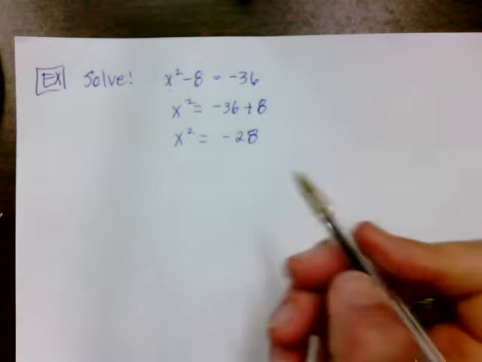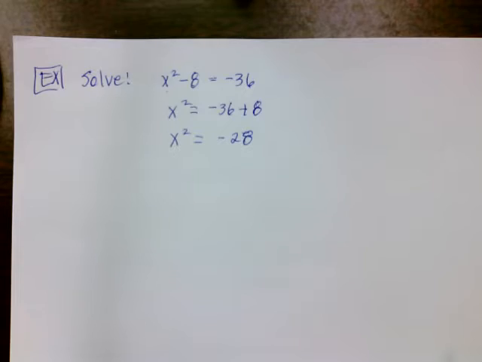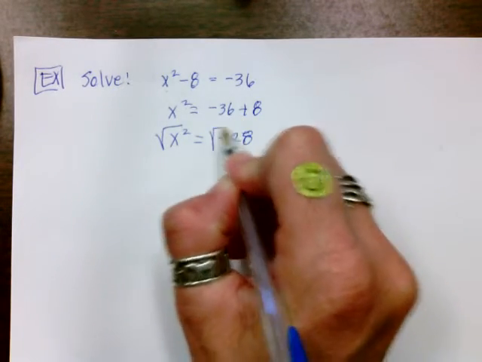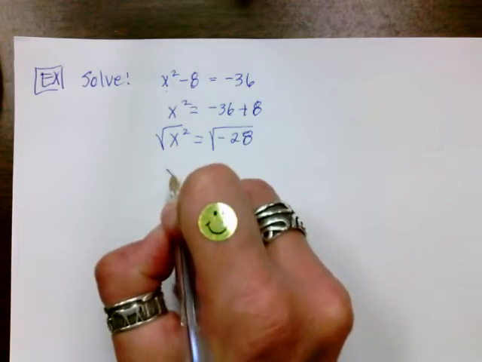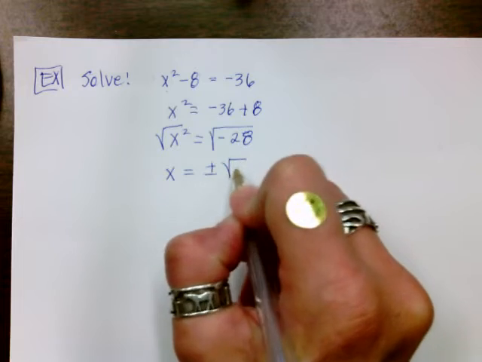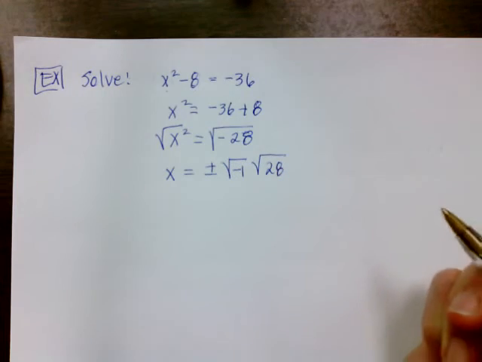Now I'm going to take the square root of both sides. Hopefully we can get it focused. It's a little better. So I'm going to take the square root of this side and the square root of this side, and I'm going to get x is equal to plus or minus the square root of a negative 1 times the square root of 28.